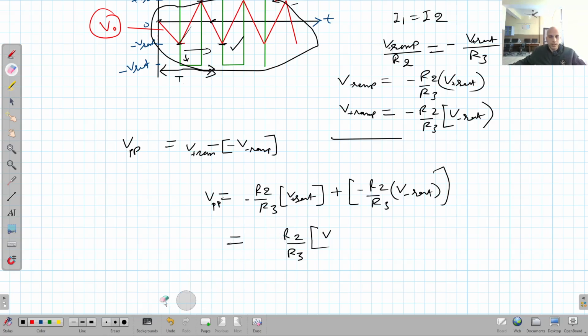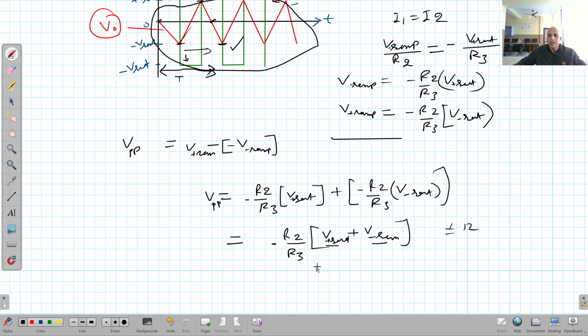I made a mistake here again. R2 upon R3 is common, into minus V saturation plus V saturation minus, right? Now we know plus V saturation is equal to minus V saturation, plus minus 12 volt or 15 volt.